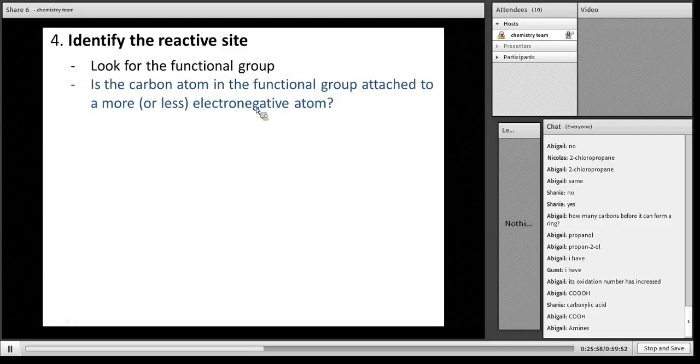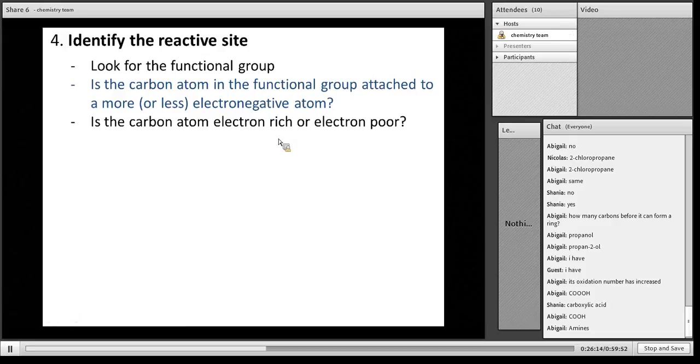This is not that important, but it is helpful if you're trying to work out what's reacting. Say the alcohol, the carbon that's bonded to the OH group, the O is more electronegative, so that bond between the carbon and the oxygen, which one has got the greater share of those electrons, the carbon or the oxygen?